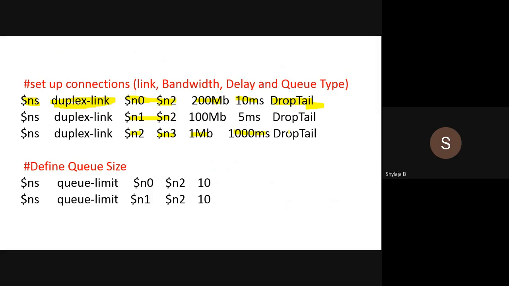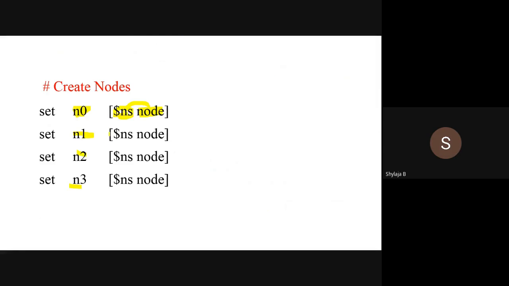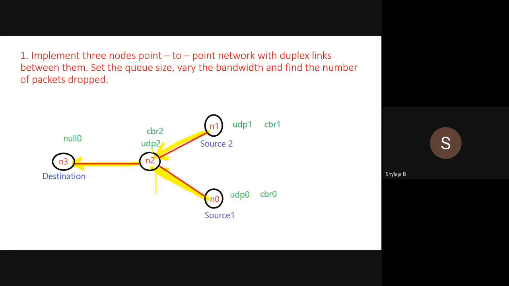After this, we have to define the queue size between the senders and the intermediate node, which here is n2. This node has to store the incoming packets because it is receiving data from two nodes, but sending data through only one link.